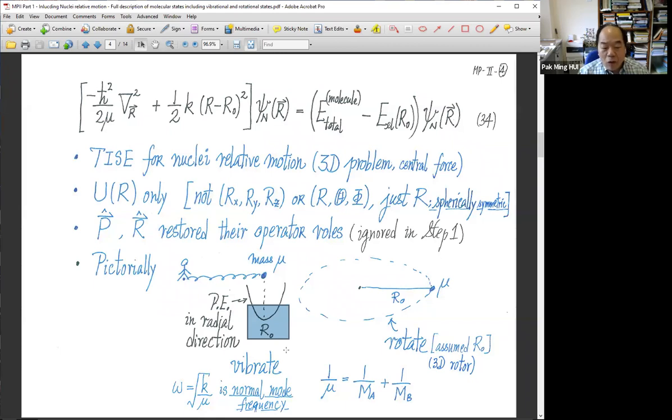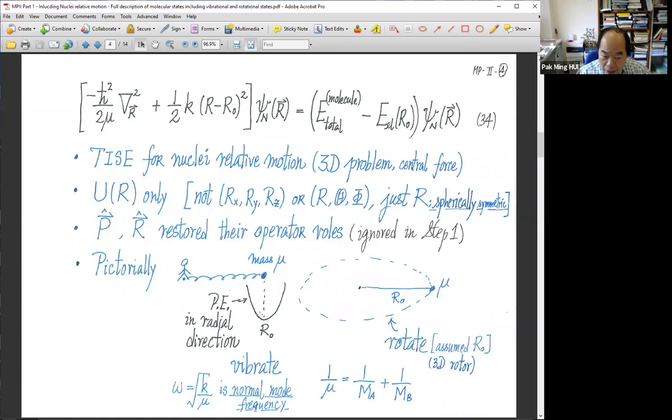Okay, therefore they are responsible for providing the bond strength, the spring constant. The curvature is the spring constant. So the electrons are doing things, although the discussion is focusing on the nuclear motion. The electrons are responsible for giving us the bond about which the nuclei oscillate and rotate. All right, so they are there. Okay, they don't disappear, they are there. Okay, without them, we don't have this part to discuss.